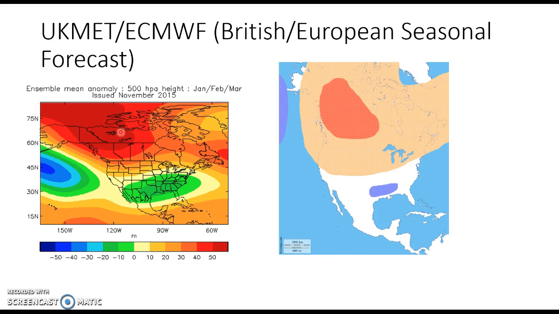This is a persistent feature in every single one of the model ensembles that I have taken a look at, with the exception of the CFSv2, which is also taken into account with the North American Model Ensemble, however. So you can see that the UK Met has a trough in the southeast US in response to this ridge in northwest Canada, and the Euro also has the same kind of look as well, with a little bit of a trough response into the southeast United States.